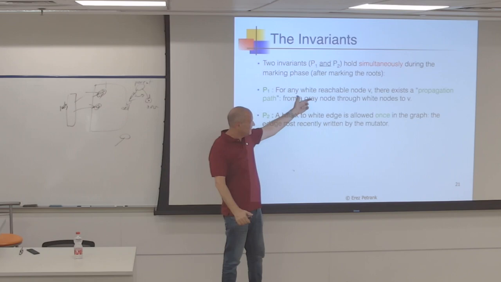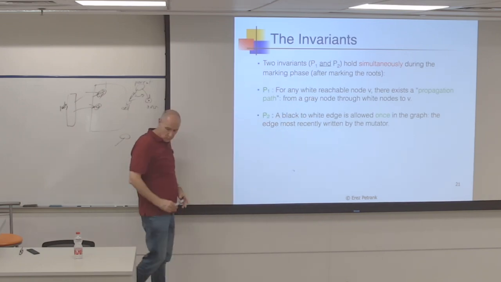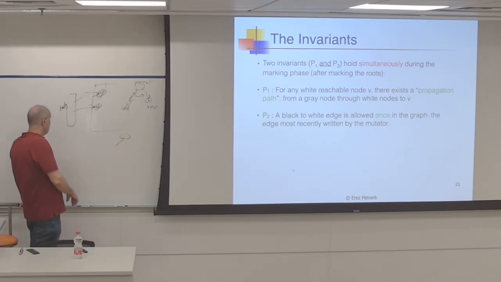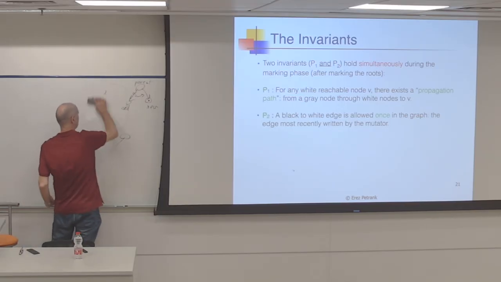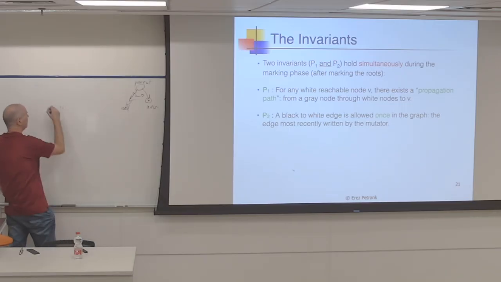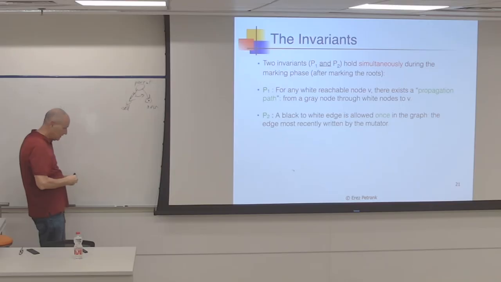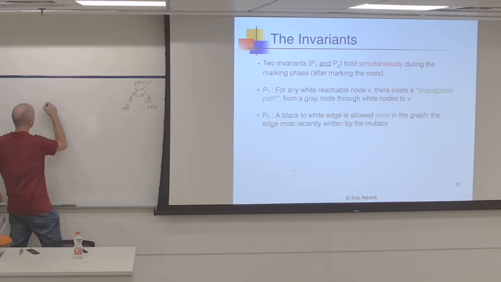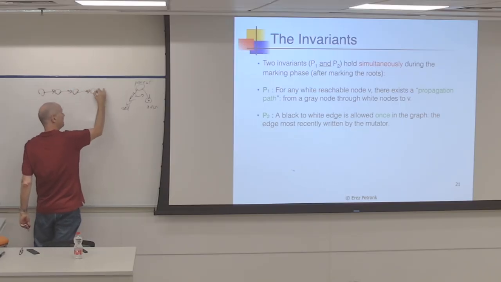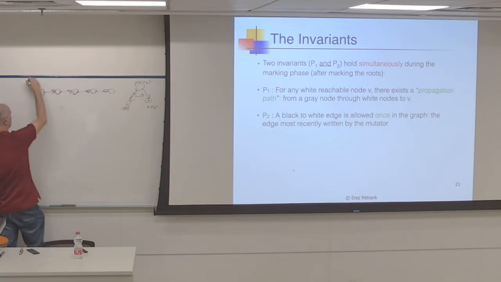So the other thing we say is, for any white reachable object, let's have a picture. So for any white reachable object, I have a propagation path. What is a propagation path? It is a path, hopefully reachable, but it doesn't matter.